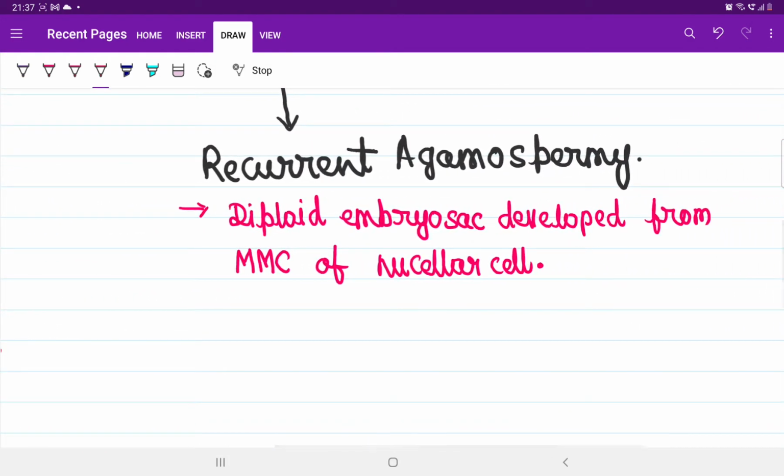And then the next one is recurrent agamospermy.